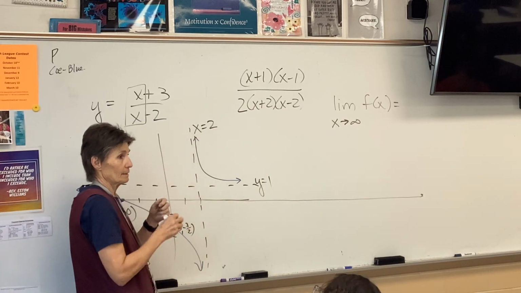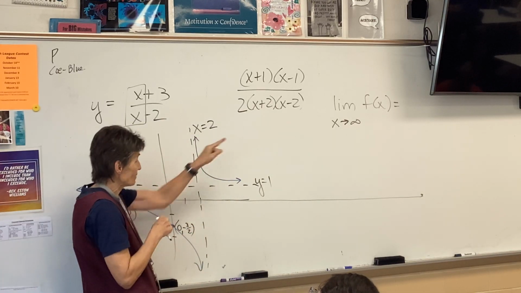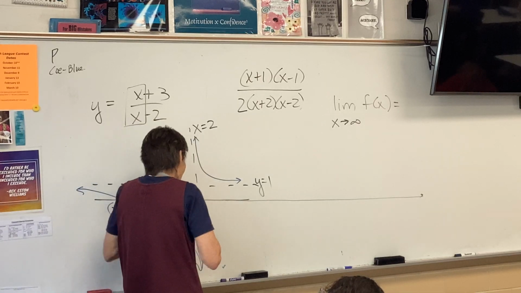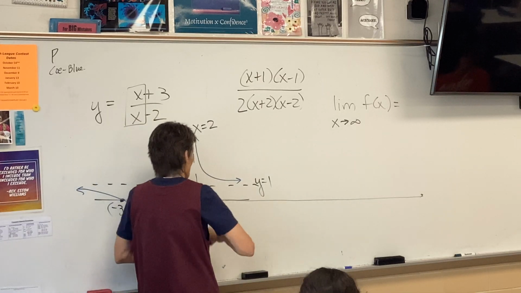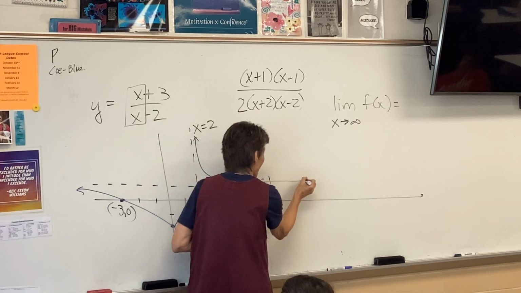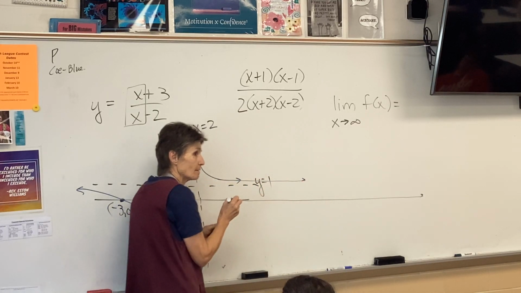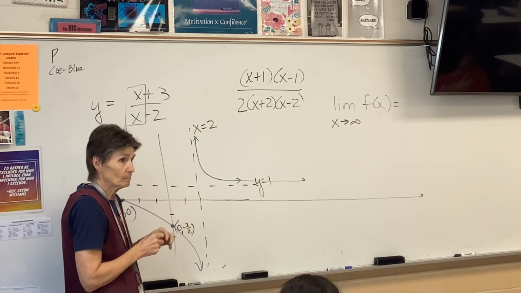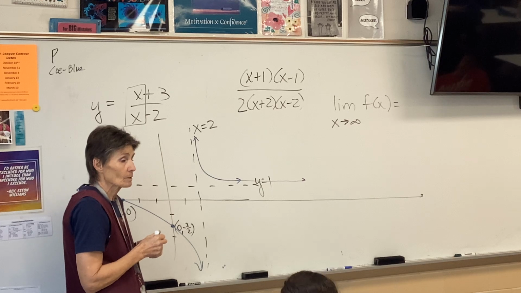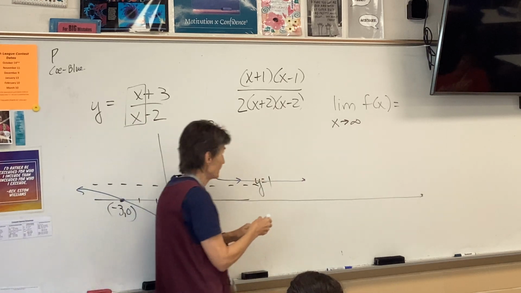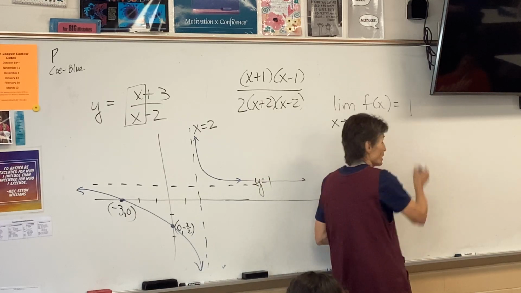So basically, what you're being asked in this question is, as I draw my curve further and further to the right, what is happening to it? Is it going down? Yes, it is. It's approaching 1. The limit is 1.